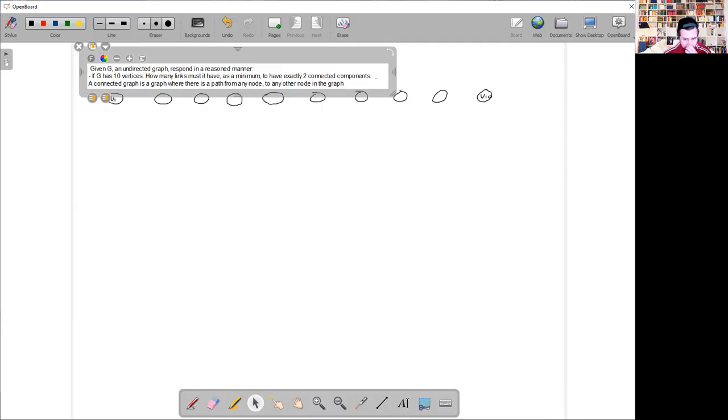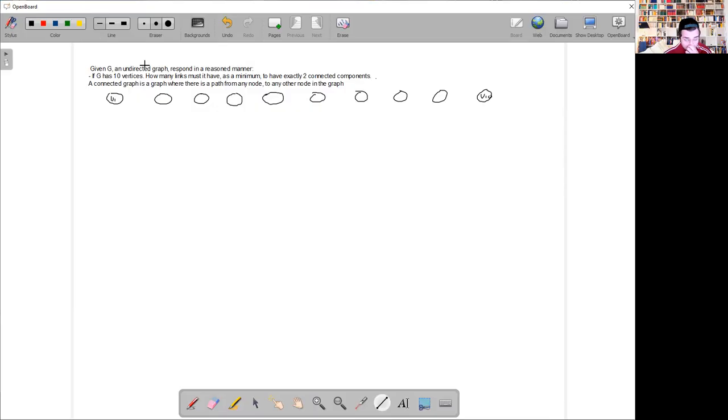So if I take this one and I wanted it to be connected, I need to have at least a link connecting every node like this, right?